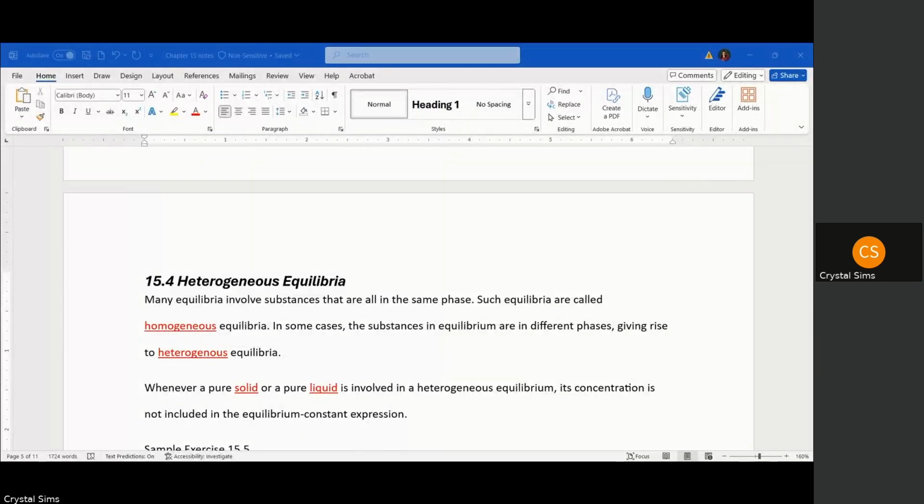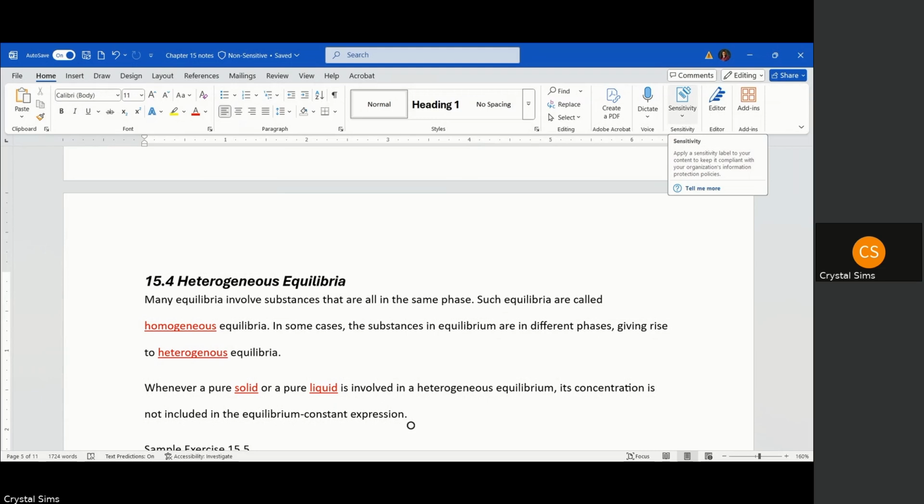Now we're moving on to section 15.4, looking at heterogeneous equilibria. Everything that we've looked at so far has been substances that are all in the same phase, usually gases. And when we have an equation that involves substances that are all in the same phase, that is called homogeneous equilibria.